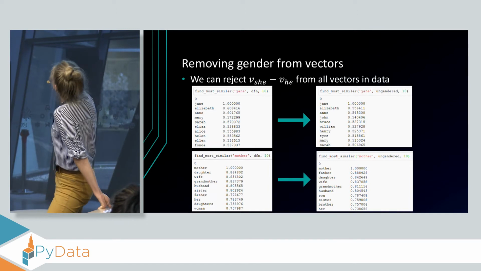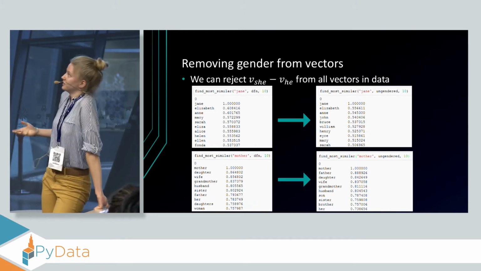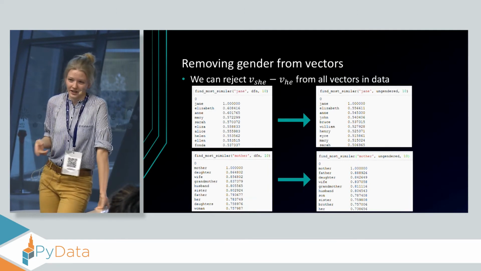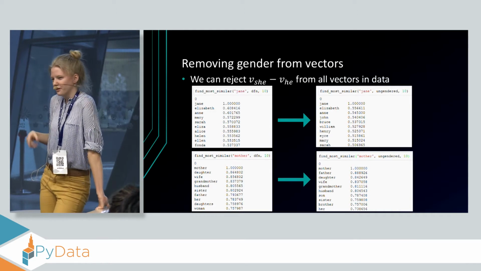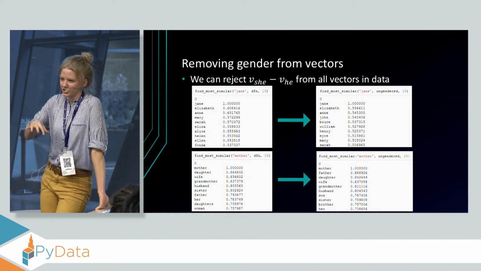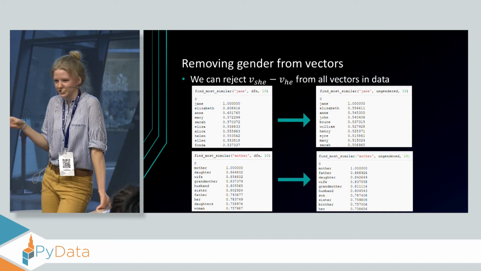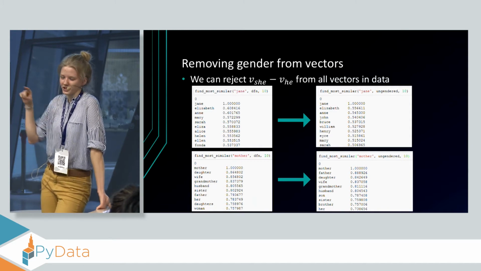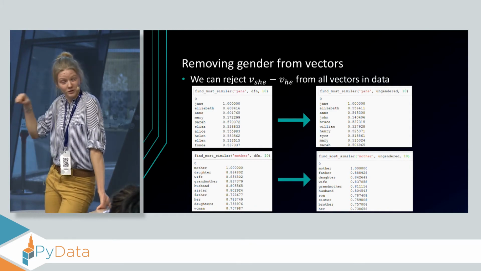That would be kind of bad, probably, for example, for female programmers, because he is more associated with programming than she, and that could bring the male programmers up and the female programmers down.